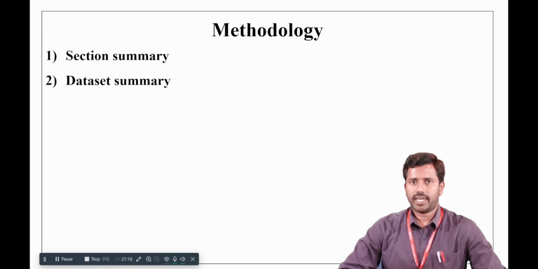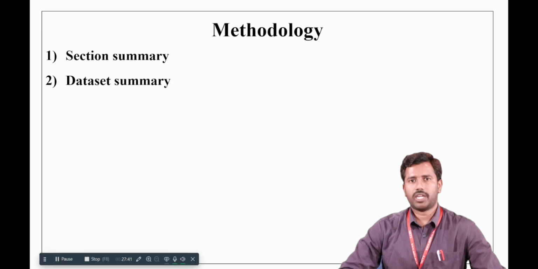After that, the dataset summary. For maintaining the dataset summary, for example, from the IEEE DataPort website, we have downloaded so-and-so number of cancer patient details. Out of, for example, the 5,000 I downloaded, how many are normal? How many are abnormal? Out of 5,000, how many are men? How many are women?